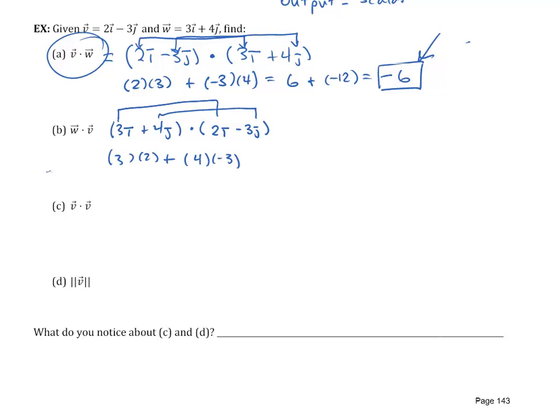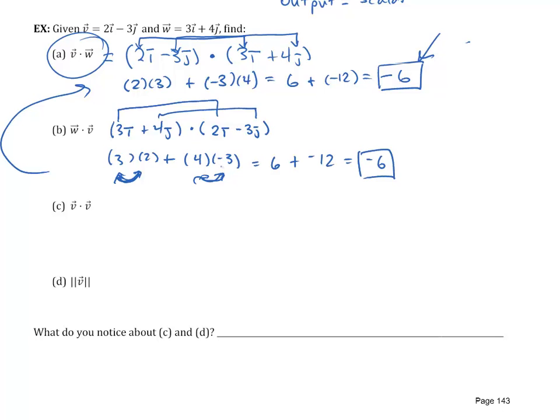And if you look up above, notice how all that's doing is changing the order of these two. So as you might expect, the dot product is something that commutes. You end up with a 6 plus a -12, which is again -6. And because the only effect of changing the order of the vectors is changing the order of these multiplications that you then add together, and changing the order of real number multiplication doesn't change the answer, dot products will always commute.